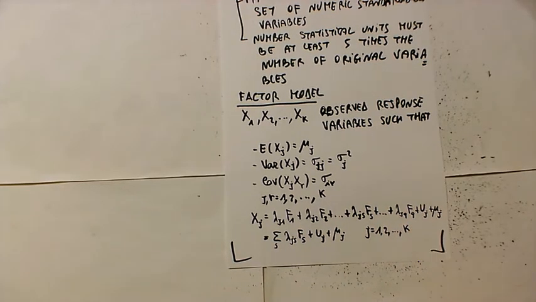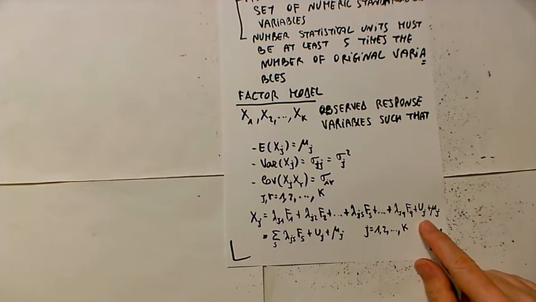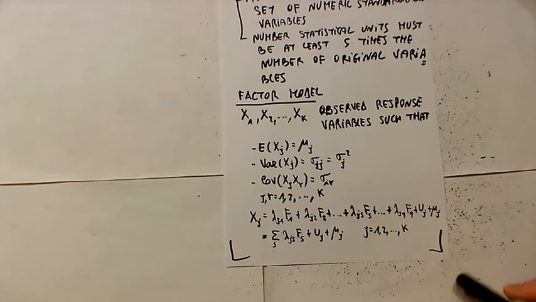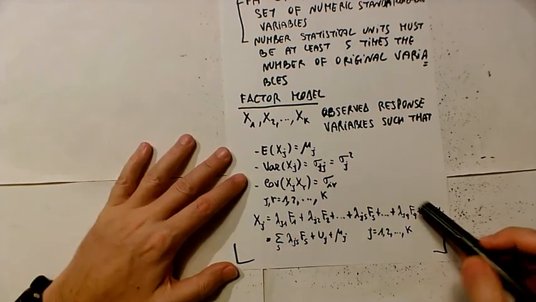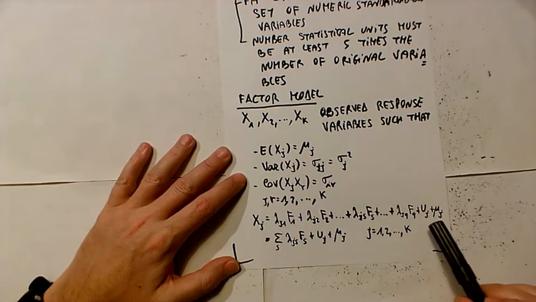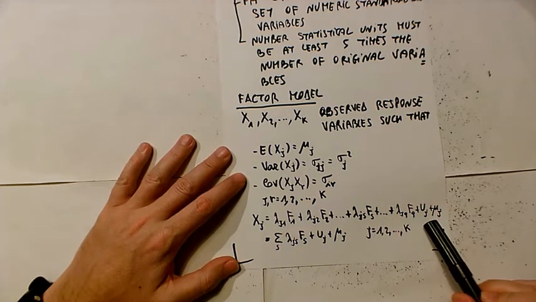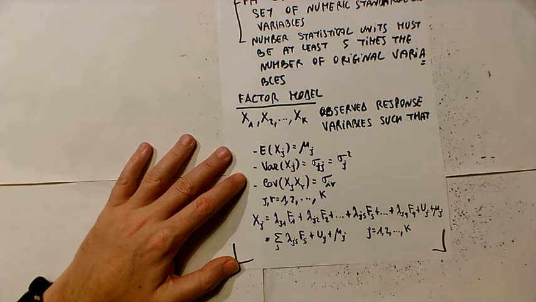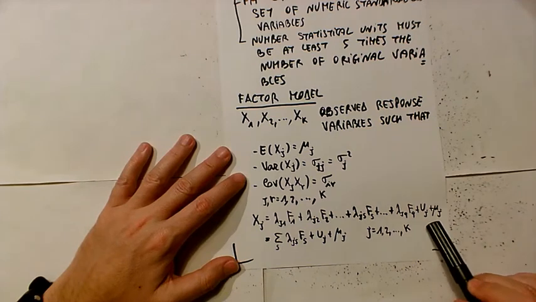So the number of new variables is q, and q must be less than k, possibly much less than k. uj is a sort of error, the information about xj not explained by the factors. It takes a similar role to the error in the regression model, for example.